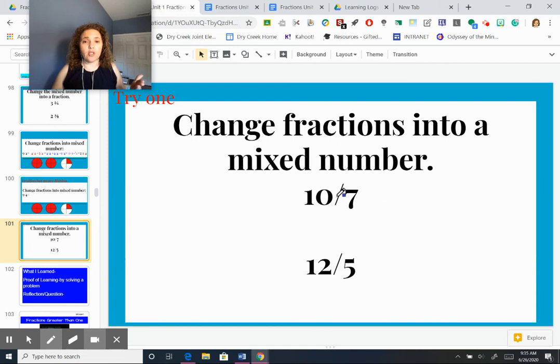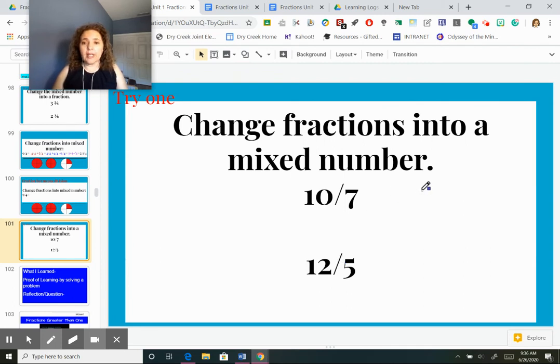Because remember, the fraction bar means division. So this means 10 divided by 7. Go ahead and do it either way. If you still need help, stay with me, and I will help you through this. But try one of these by yourself, at least one, okay?